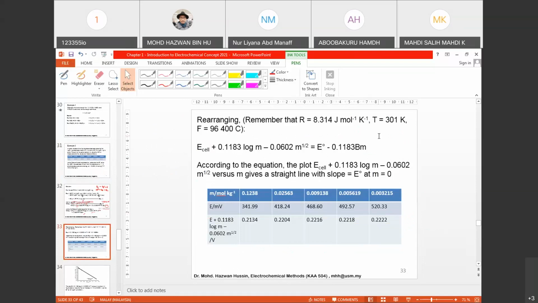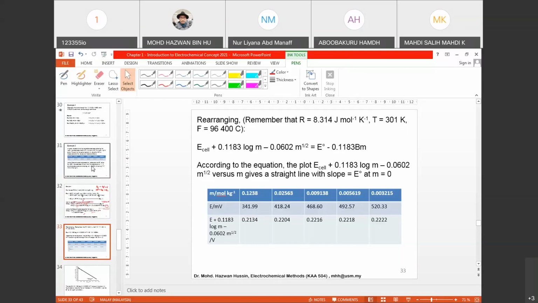This one is basically assuming room temperature. Room temperature is 25, and when you add 273, you get 298. But this one is 301, meaning that the temperature is equal to 28. So 28 or 25 or 30, it depends.